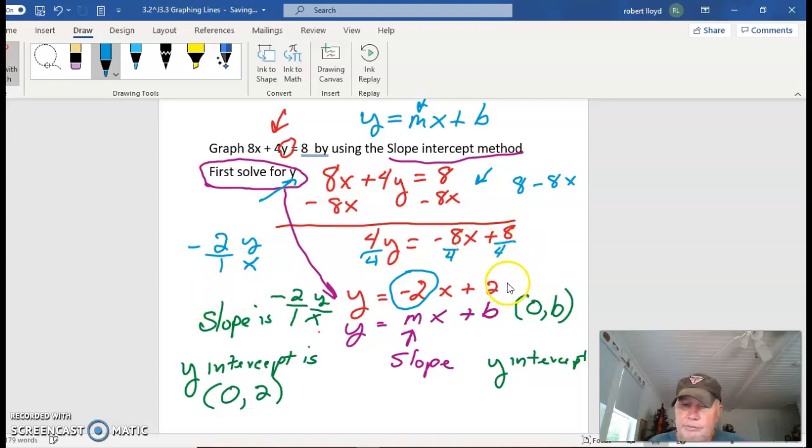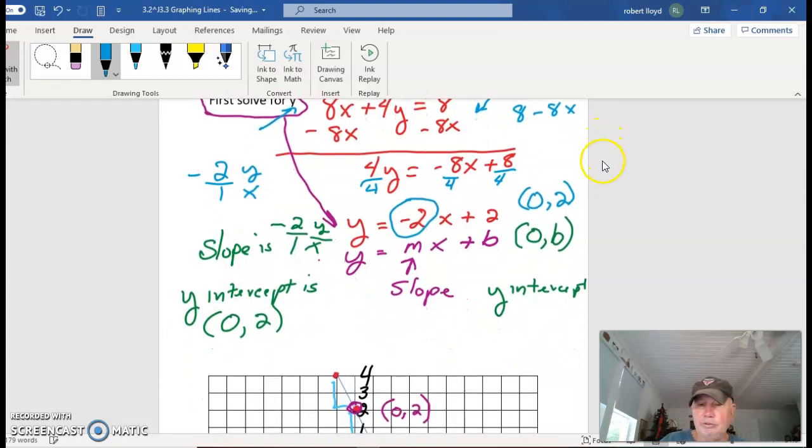The 2 then shows you where the y-intercept is. However, it's always 0, 2. Don't just say the y-intercept is 2. Y-intercepts and x-intercepts always have 2 points, an x and a y. So we said the y-intercept is 0, 2.